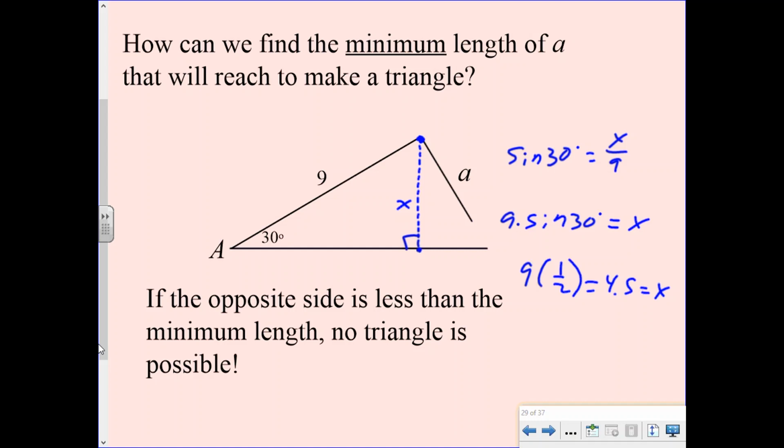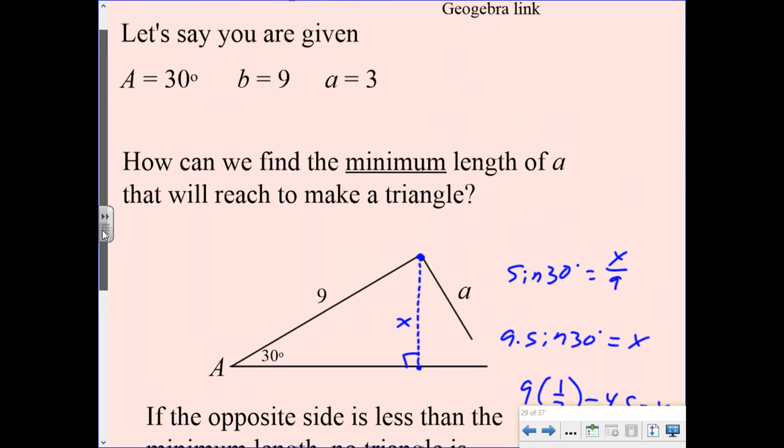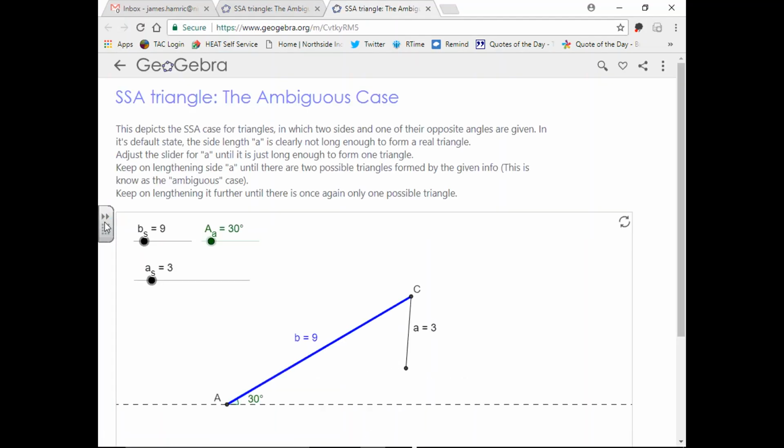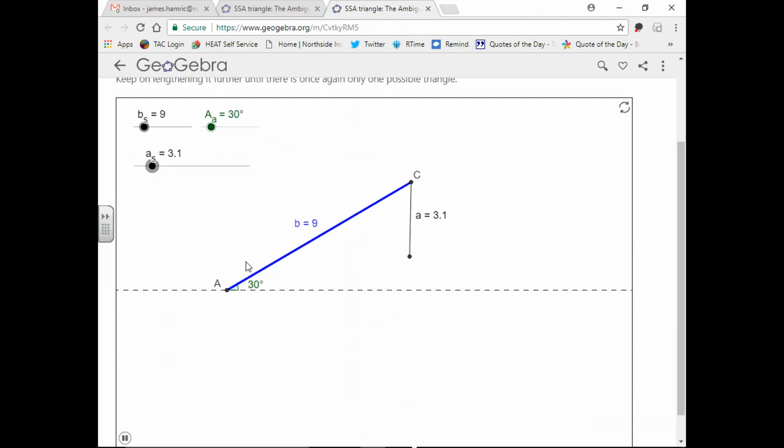So let's take a look at that on our animation again. So we have that, and notice here, if I start moving my A up a little bit, it's getting longer, it's almost there. If I get it right to 4.5, there is my right triangle. Okay, because again, that's the minimum length. So anything less than that for A is not going to work.